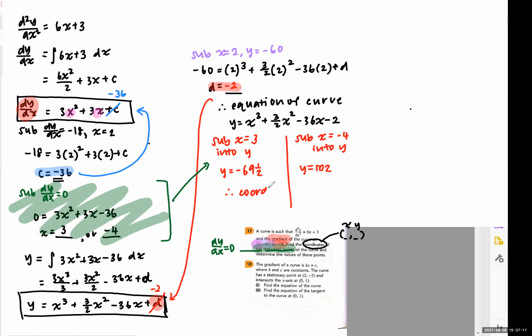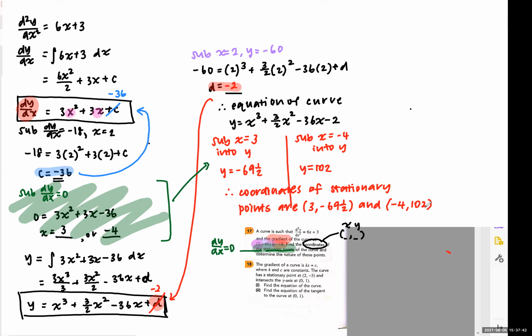Therefore, (3, -69 1/2). Okay, so right now I write down my stationary points first. So my stationary points are (3, -69 1/2) and (-4, 102).